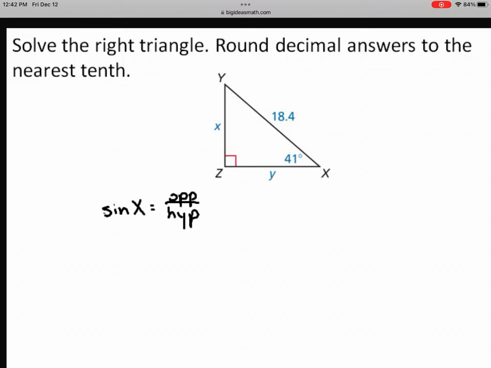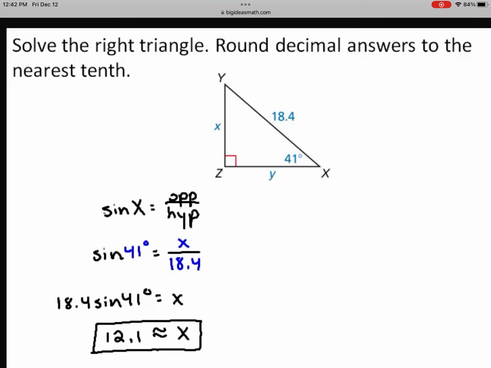Then plugging in the given information from the diagram gives the sine of 41 degrees equals x divided by 18 and 4/10. Multiplying each side by 18 and 4/10 gives that 18 and 4/10 times the sine of 41 degrees equals x. Then using your calculator to solve gives 12 and 1/10 is about x.